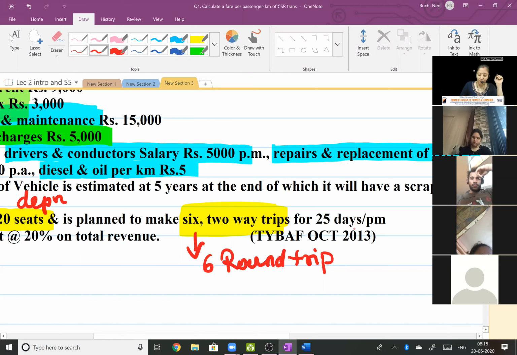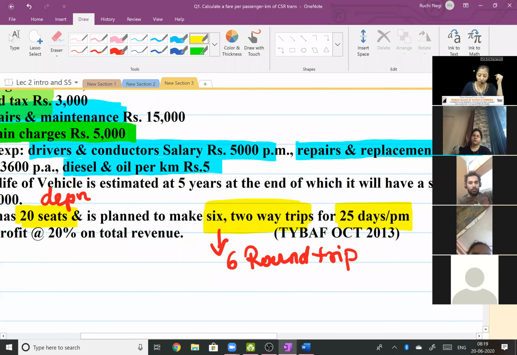Now see, what did I tell you? The twist in the sum, I'll tell you at the end. Everybody in the beginning said this is a yearly cost sheet. But now see the twist in the question: 25 days per month. So now this cost sheet becomes a monthly cost sheet.